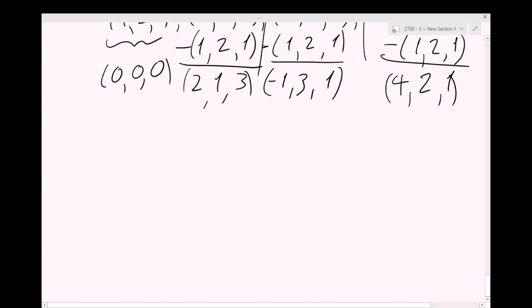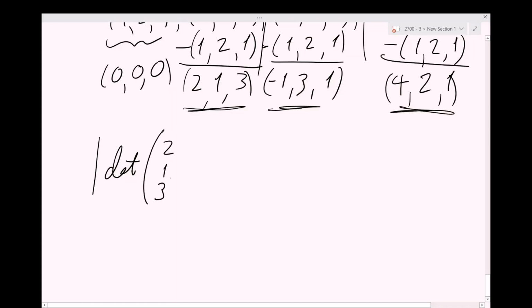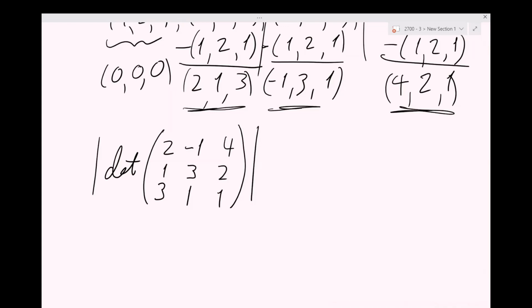Now I'm looking at the new box that's determined by these 3 points, and we'll get the volume of it. So we want the absolute value of the determinant of, and we're using these as the columns now, 2, 1, 3, negative 1, 3, 1, and 4, 2, 1. So we want the determinant of this thing. I'll do the determinant by expanding along the first row.